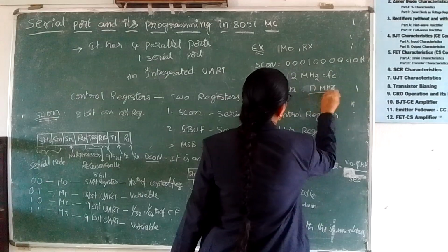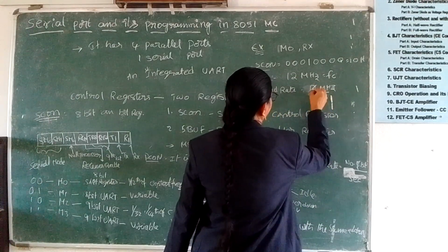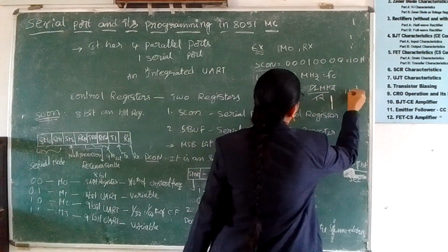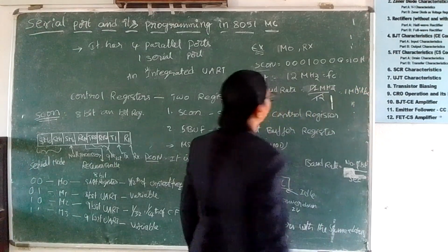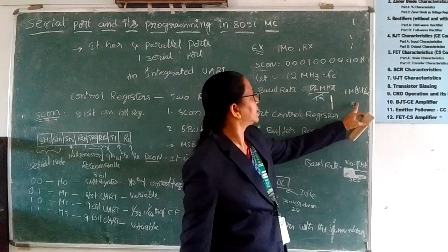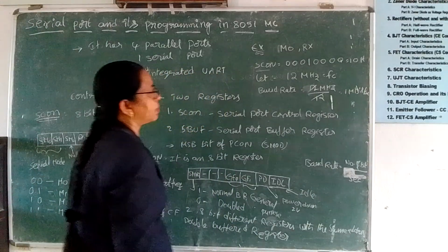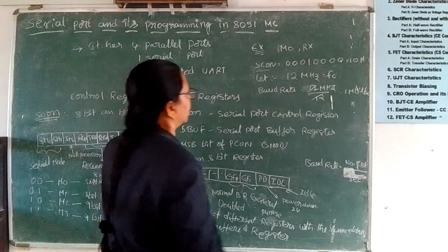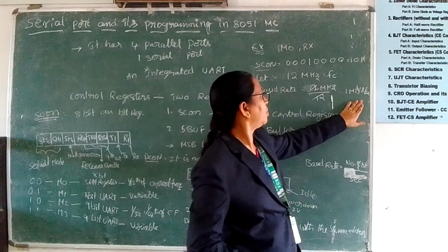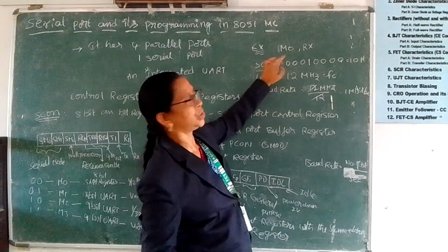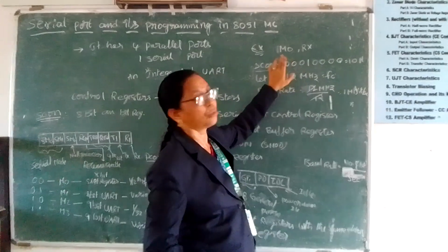The 12 cancels, so that is 1 megabit per second. Hertz here means bits per second. So the data will be received with 1 megabit per second in mode 0.